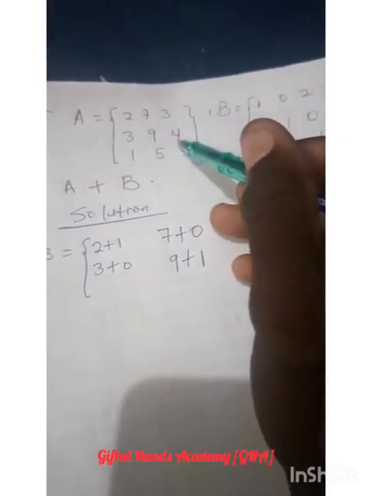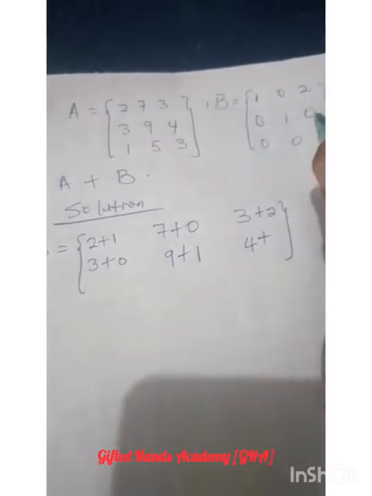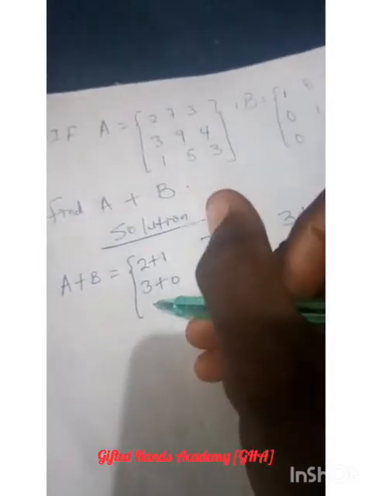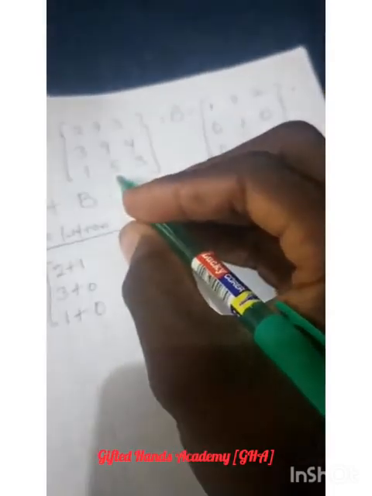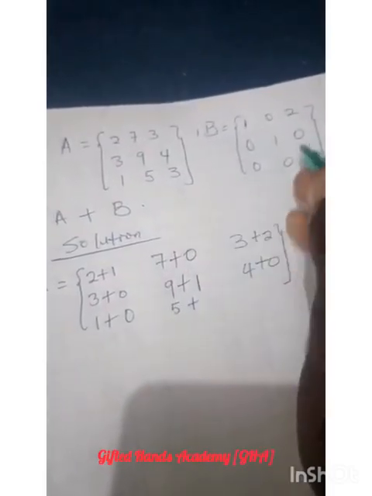Then we have 4 under A, we have 4 plus, under B, we have 0. Then the last row, now I'm doing the last row. So I have 1 plus this 0 under B, 0. Then I have 5 for A, I have 5 plus this 0 for B.